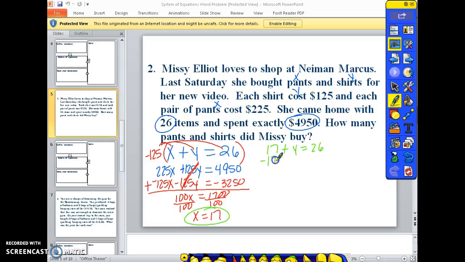If she bought a total of 26 items and 17 of those were pants, then that means that 9 of them were shirts. She bought 9 shirts and 17 pairs of pants. Let's do one more.